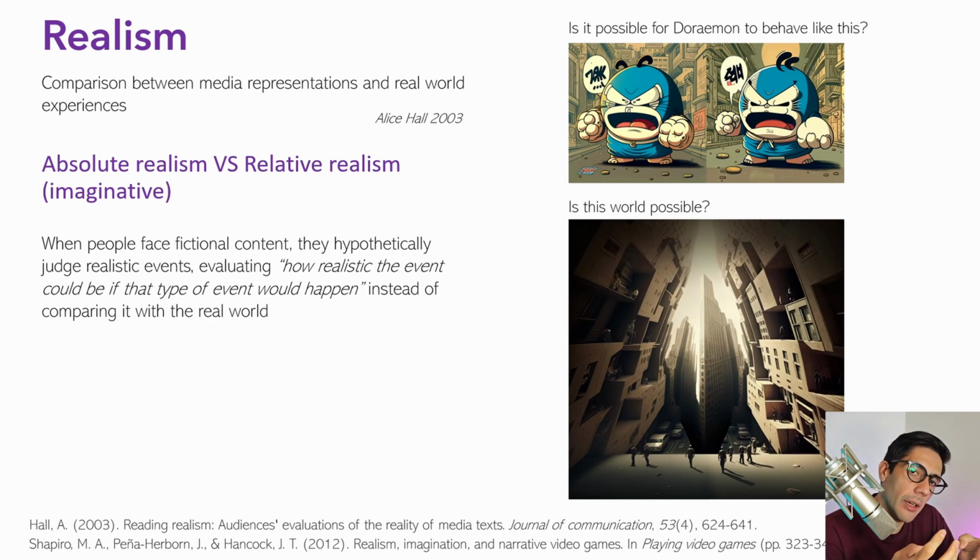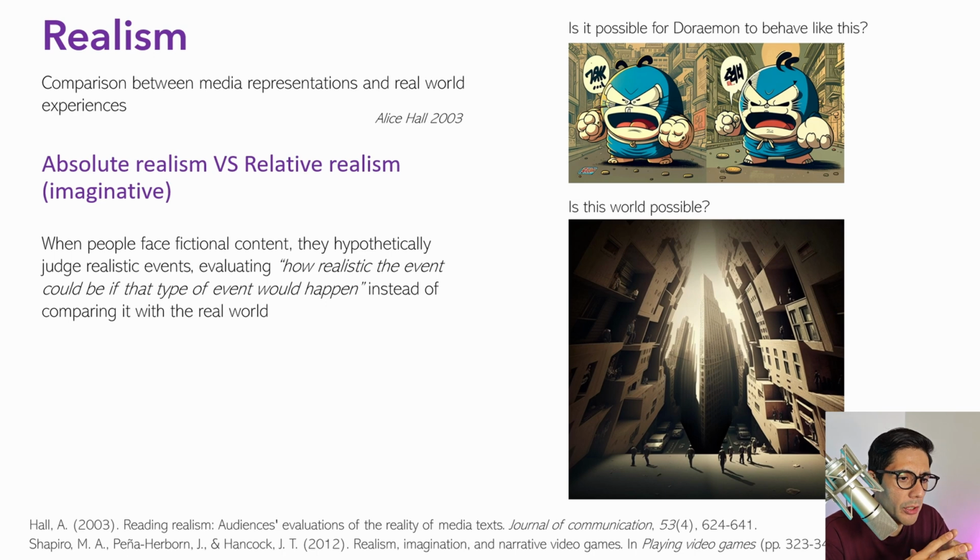Now, first, I look at the definitions of realism, and I like to use the definition of Alice Hall, who is a media researcher. I like her definition because it's very simple. It says that realism is a comparison between the representations we experience in media and the representations of the real world or our real world experience.